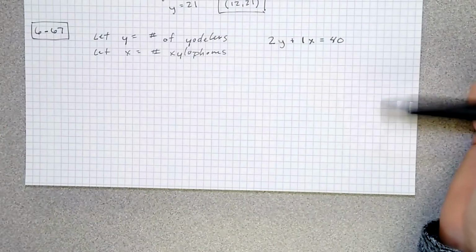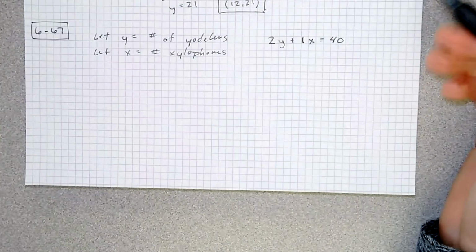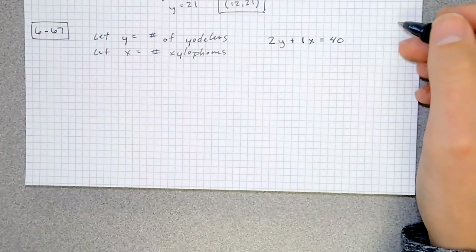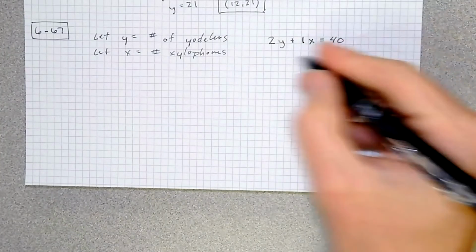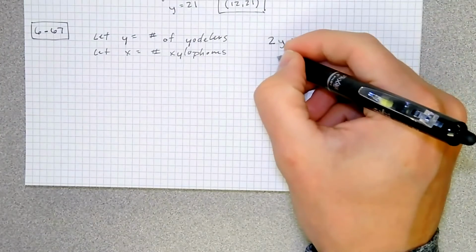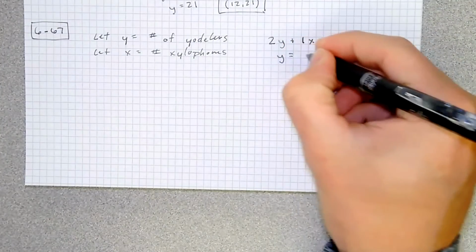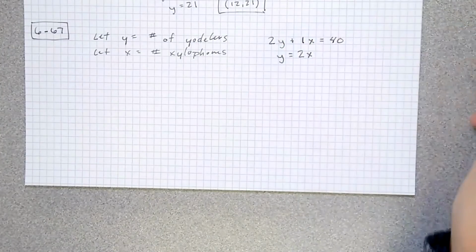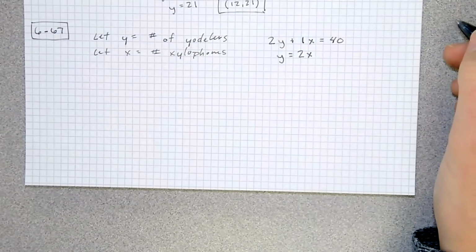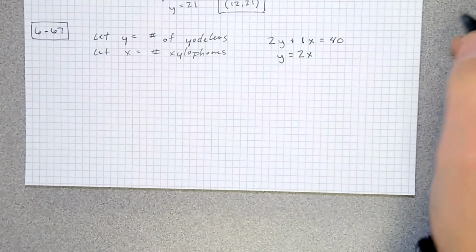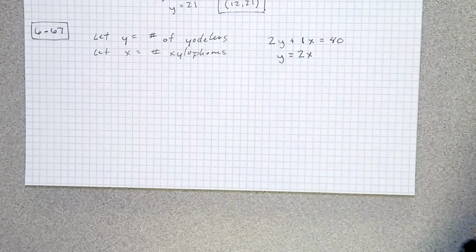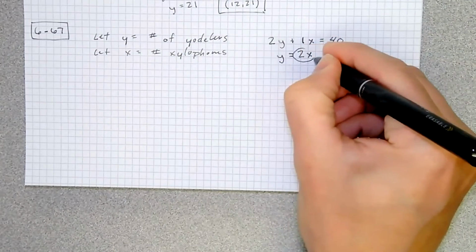Okay, the second aspect is that 2 yodelers can share a xylophone. So the number of yodelers is twice the number of xylophones. So y equals 2x. So now we can use substitution.